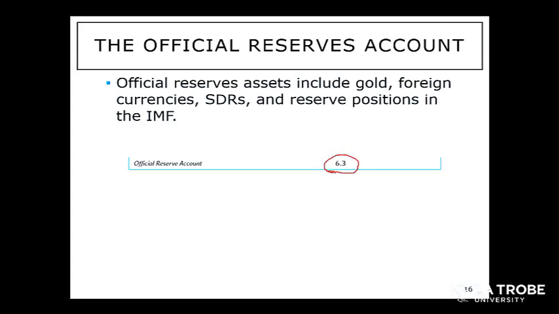So in this case, the US government, the central bank in the US, gets 6.3 billion USD, okay? If the central bank receives the USD, that means they are selling off some of their foreign reserves, right? So in this case, they are decreasing their foreign reserves, okay?